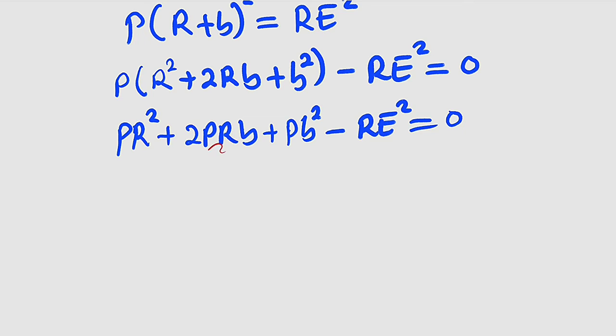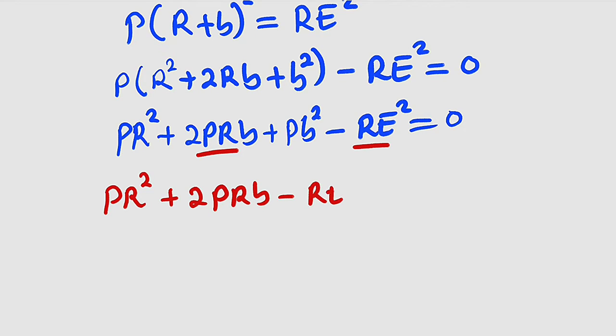Okay, you can see that we have R here and we have R here. So let us bring them together. We have PR squared, then plus 2PRB, then minus RE squared, then plus PB squared, equal to 0.